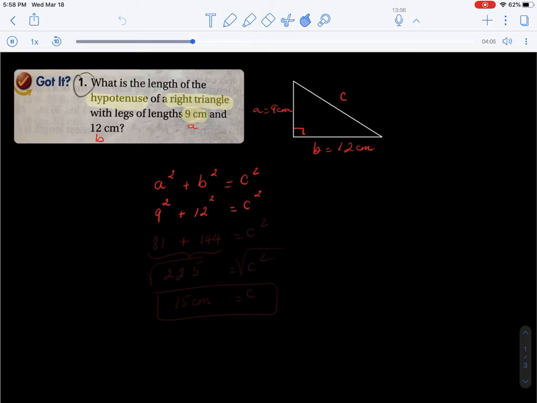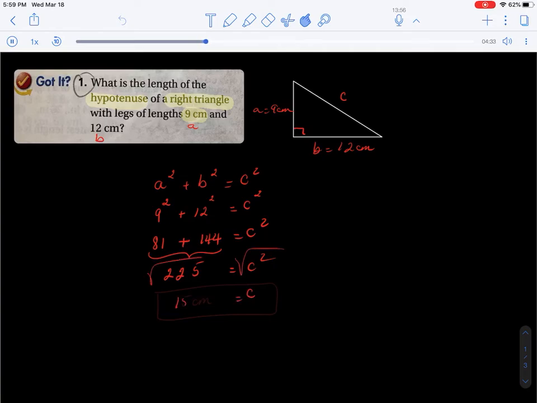I'm going to simplify this a little bit. Evaluate: 81 plus 144 equals C squared. It's going to give me 225 equals C squared. And then I'm going to take a square root.